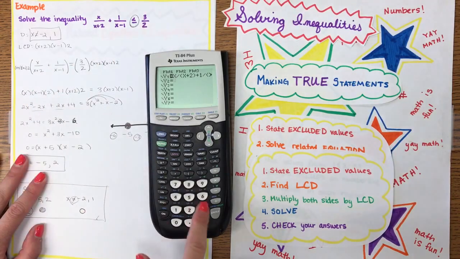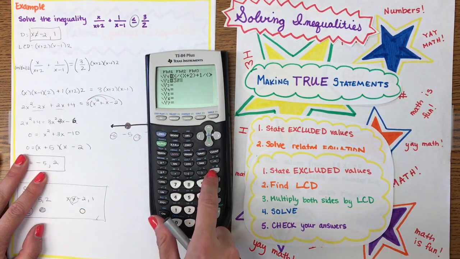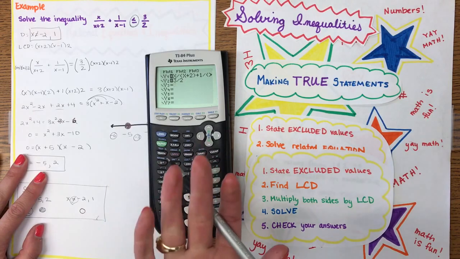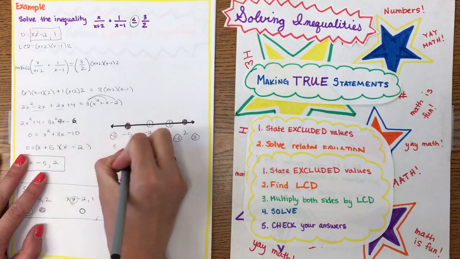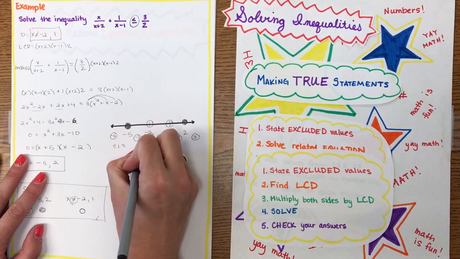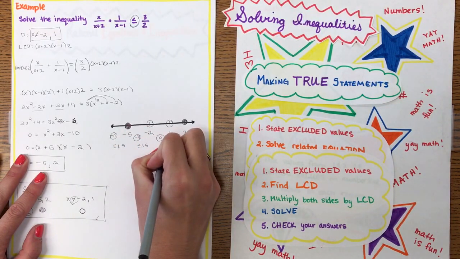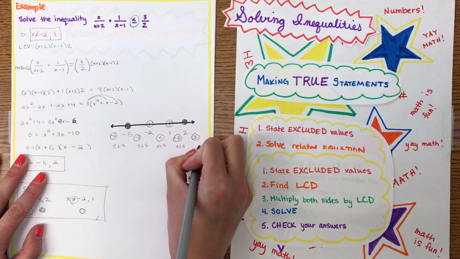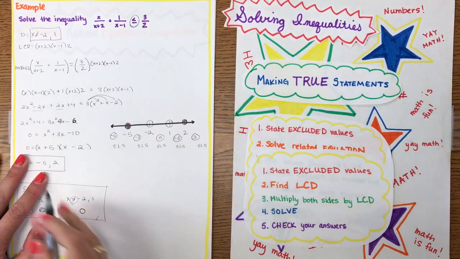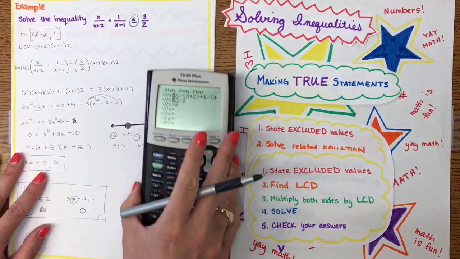And in y2, I'm going to put 3/2. I don't really even need to put 3/2 because I know that I am checking if some value is less than or equal to 1.5. So for each of these, I am plugging in these values of x and seeing if the value of y is less than or equal to 1.5.